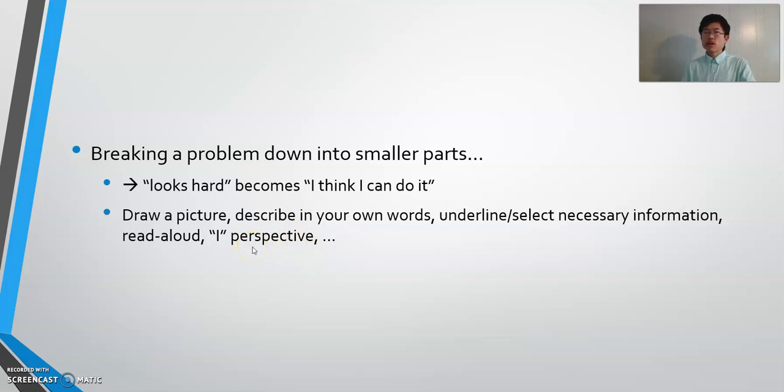For example, if you see a problem that states Mr. O went to a store that is 50 miles away, instead of looking at that and thinking, oh, Mr. O went to that, change Mr. O into I, and say, I went to the store 50 miles away. When you do that, you are making the problem more personal so that you can understand and accept the information easily.